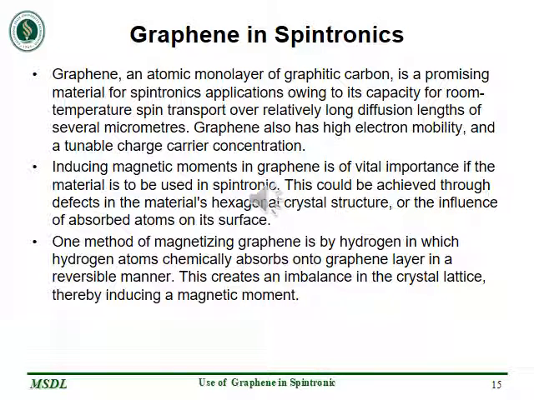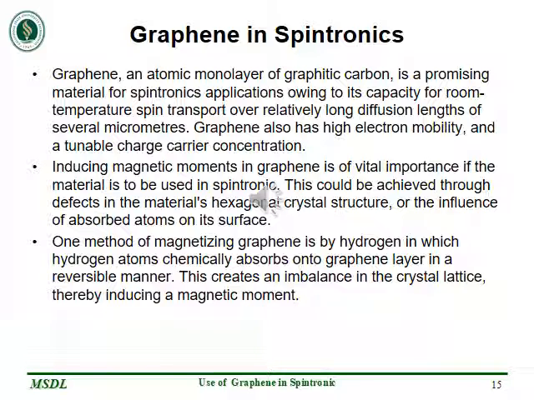Let us see why graphene is used in spintronics. Graphene, an atomic monolayer of graphitic carbon, is a promising material for spintronic applications, owing to its capacity for room temperature spin transport over a relatively long diffusion length of several micrometers. Graphene also has high electron mobility and a tunable charge carrier concentration.